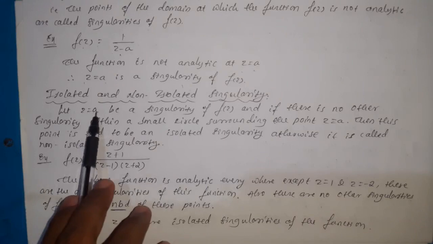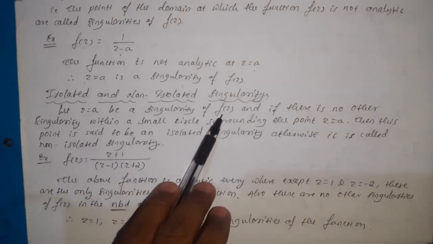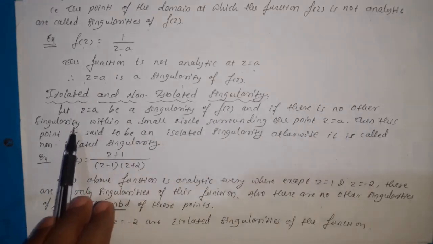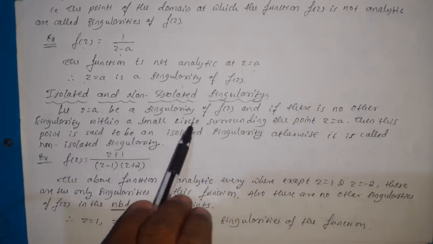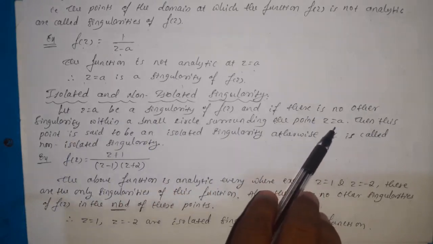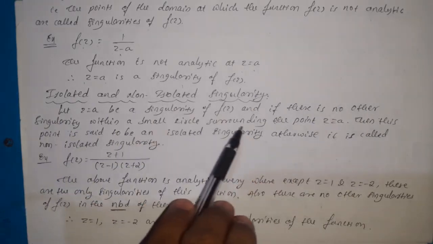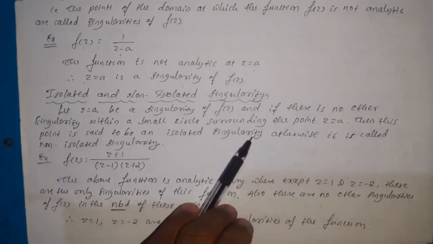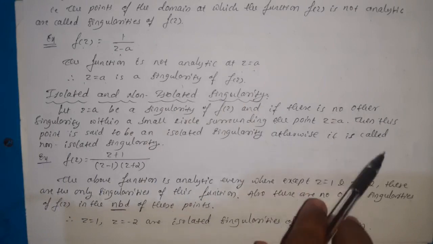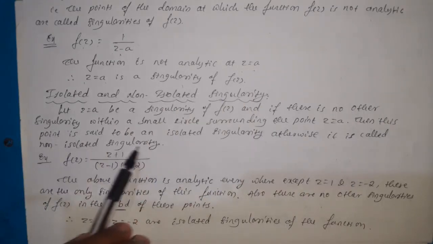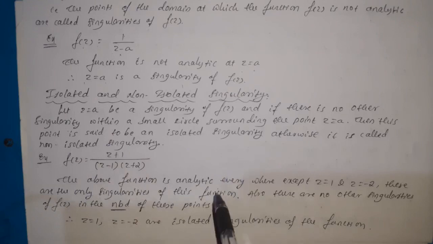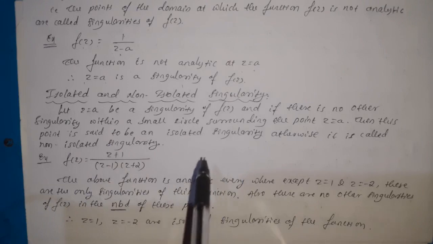So here z equal to a is a singularity of f of z, and if there is no other singularity within a small circle surrounding the point z equal to a, then this point is said to be an isolated singularity. Otherwise it is called non-isolated singularity, meaning if there are any other singular points in the same circle, then z equal to a cannot be considered an isolated singularity.